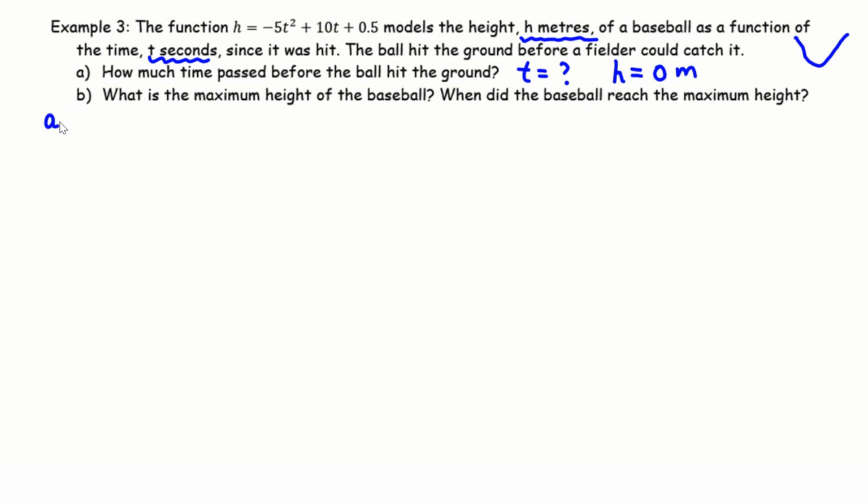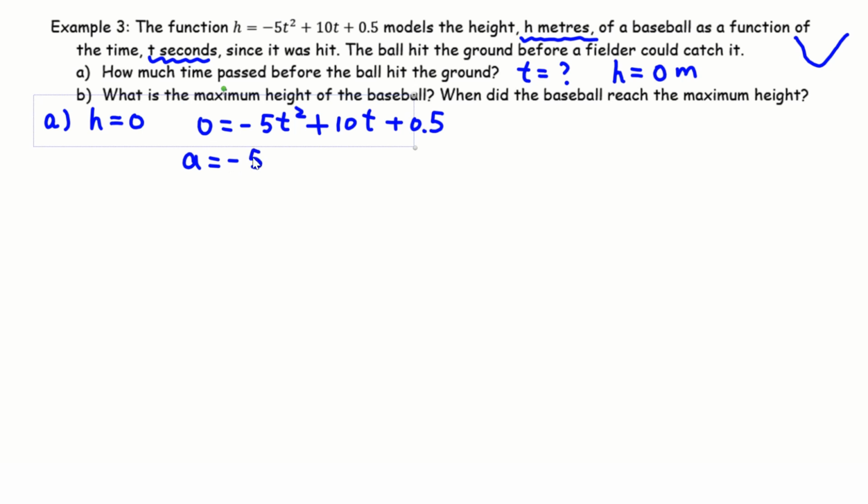So for question A, we are going to sub in h = 0 to solve for t. So we have 0 = -5t^2 + 10t + 0.5. Then we write a = -5, b = 10, c = 0.5. And we got decimals here. It's hard to factor it.